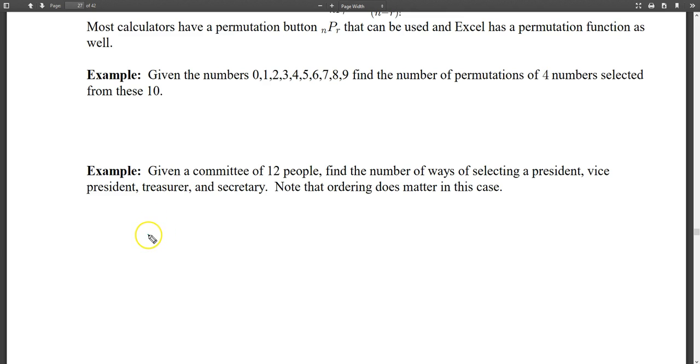If we select Joe, Sue, David, and Lisa, Joe would be president, Sue would be vice president, David would be treasurer, and Lisa would be secretary. This would be different than if we selected Lisa, David, Sue, and Joe. Now Lisa's the president, David would be the vice president, Sue would be the treasurer, and Joe would be the secretary. So you see, this is a different slate of candidates.